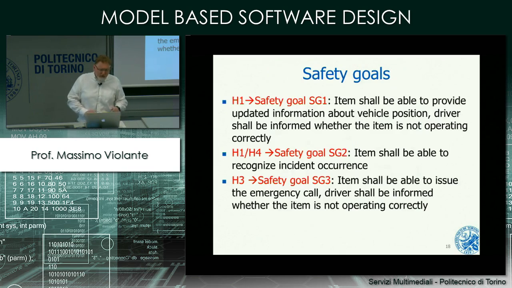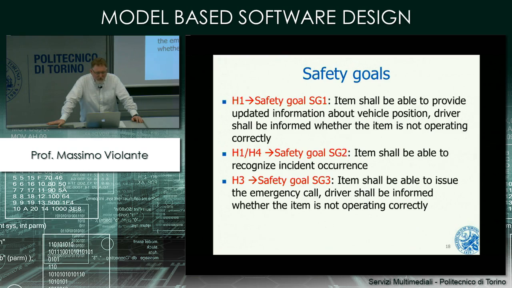So, what about the safety goals? Well, first of all, the item shall be able to provide updated information about vehicle position. Driver shall be informed whether the item is not operating correctly. So the driver could go to the workshop to have the item replaced, or could enforce a more safe driving style.